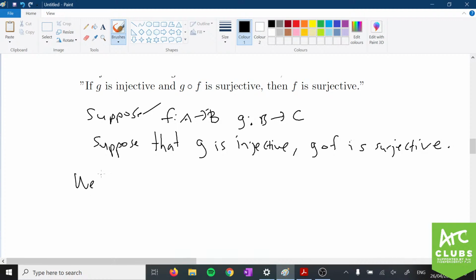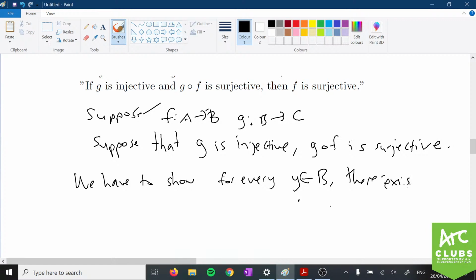okay, so we have to show that for every y in B, there exists x in A, so that f of x equals y.